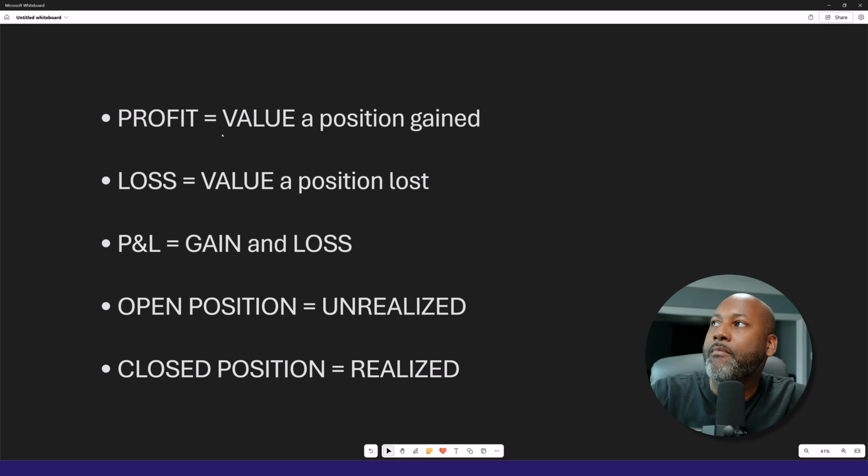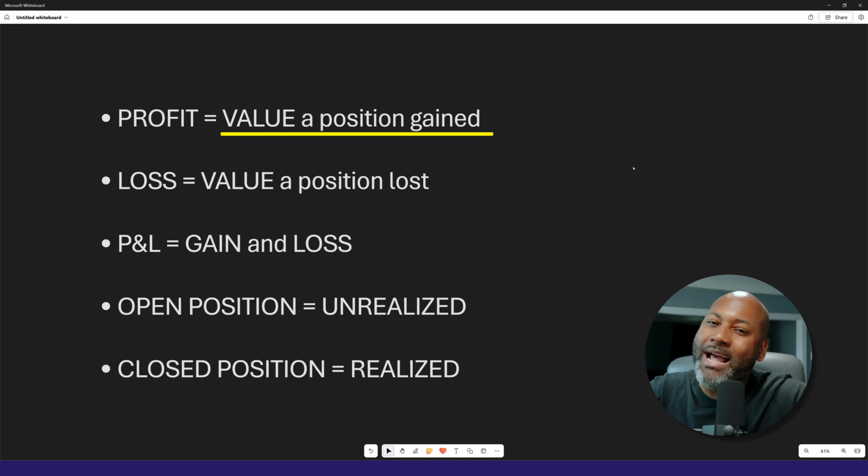A profit is value that a position gained. So why am I saying value and not money? I'm not saying money because you are gaining value in a position because of that security. That security is called an asset.